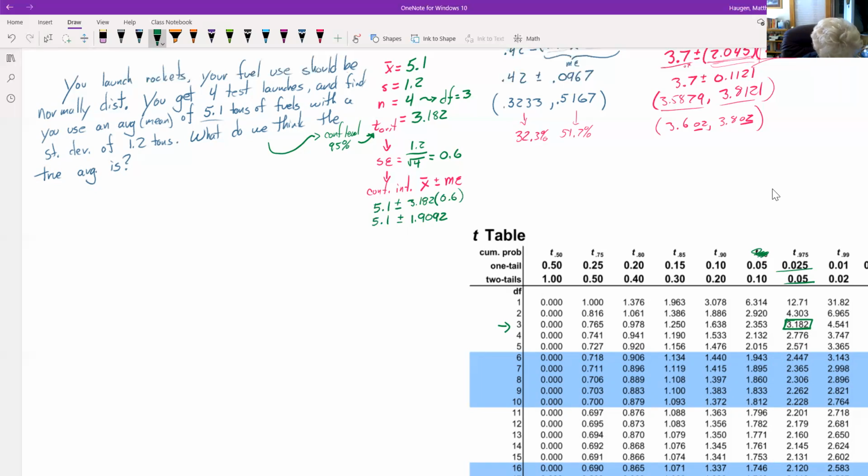So, what's our high end of an average? 7.009. What's our low end as an average? 3.1908. So what do we think the true average is?